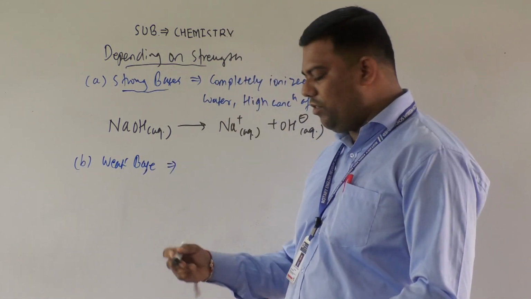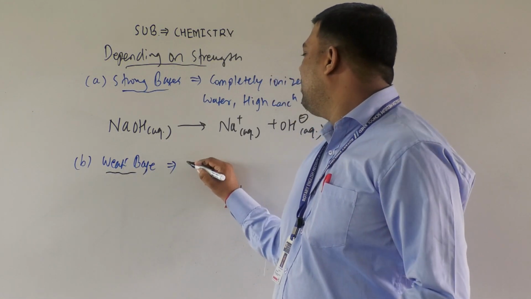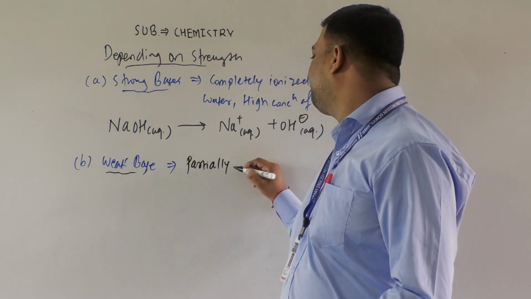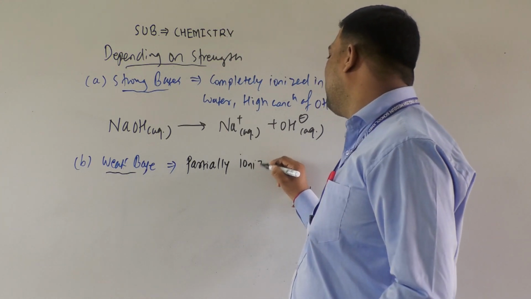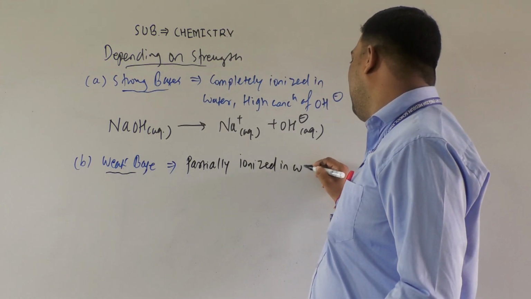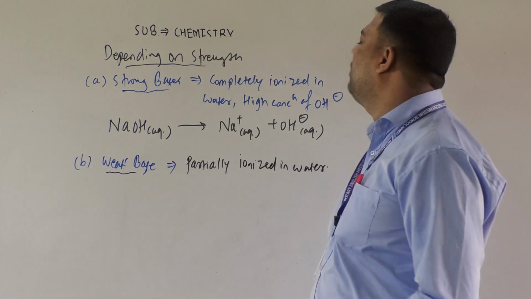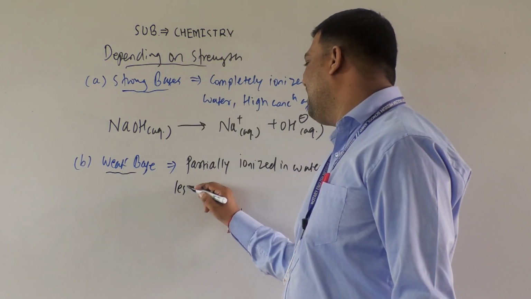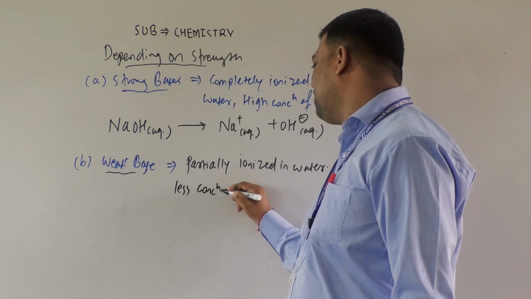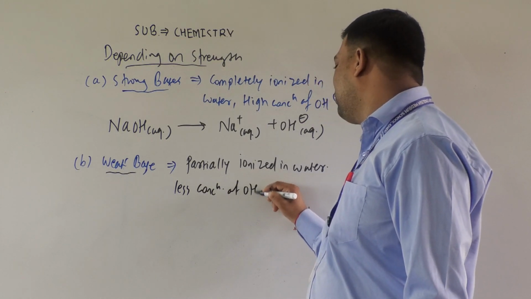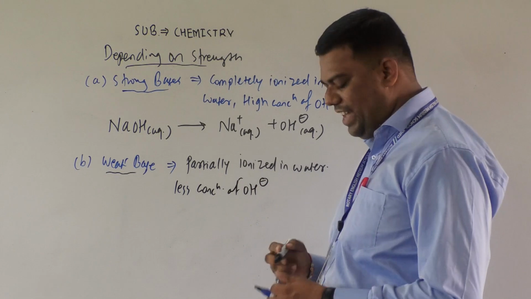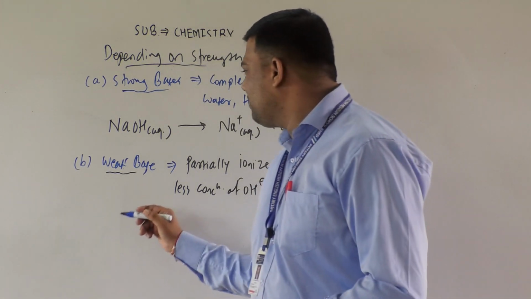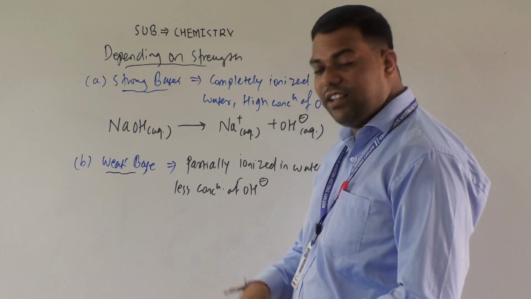So a weak base is partially ionized in water, with a lower concentration of OH minus in that base.